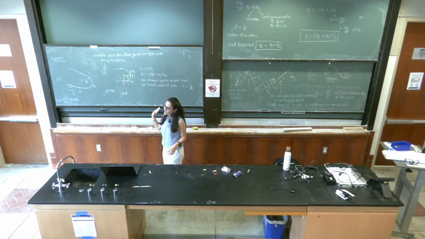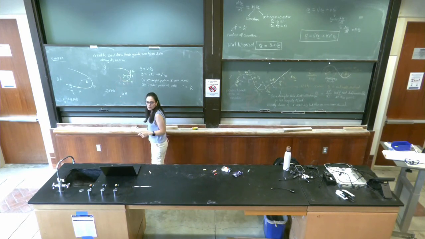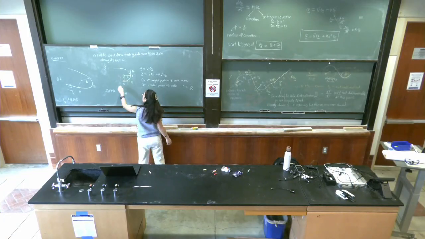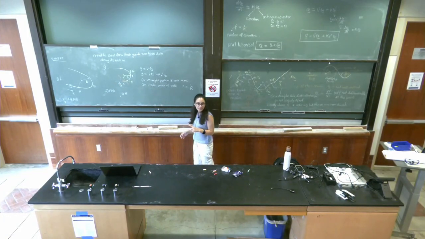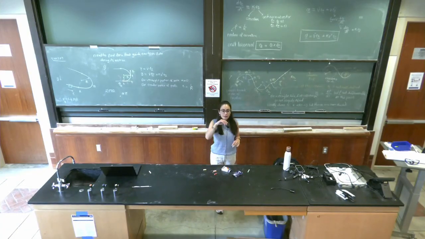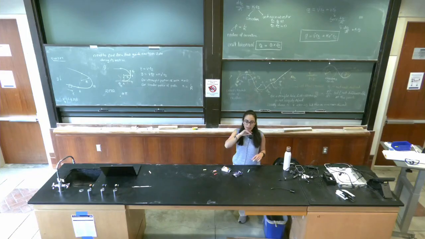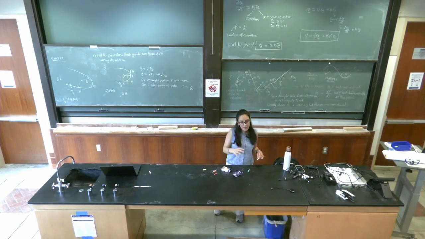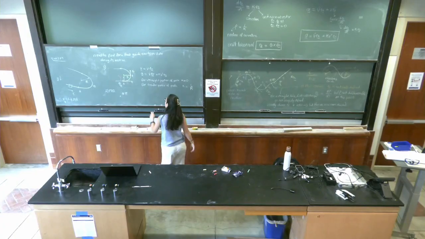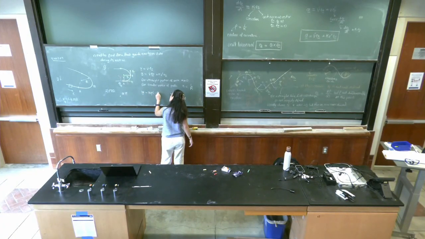Well, let's use the Serret-Frenet basis. Here, does the unit binormal point outside or inside the page? It's outside. Raise your hand if you agree with EB pointing outside. Okay, cool. Questions? So then the weight is pointing inside the page, right? So it's along minus EB. Weight is mg along minus EB.